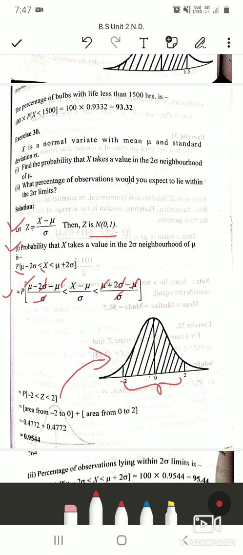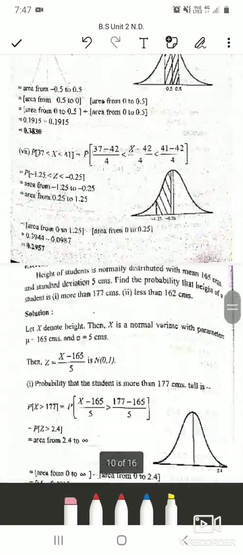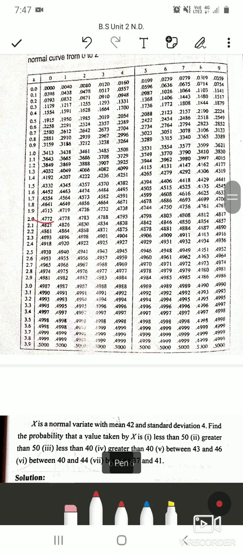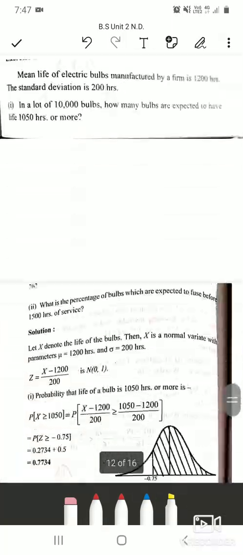So what we will do is: area from minus 2 to 0 plus area from 0 to 2. From the table we can get the area from 0 to 2, which is 0.4772. So it is over here, the area under z value of 2, which is 0.4772.